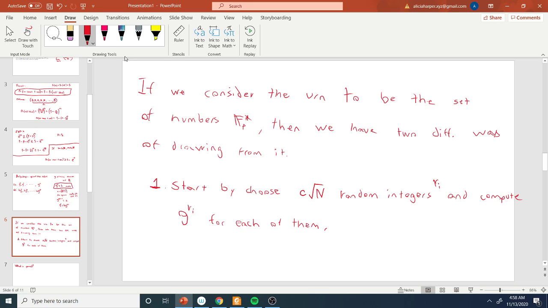Then label these blue. After labeling them blue, we can then label every other number red. Actually, hold on, let me think about this. No, let's label them red and we'll label every other number blue just to be consistent. Label every other number blue.